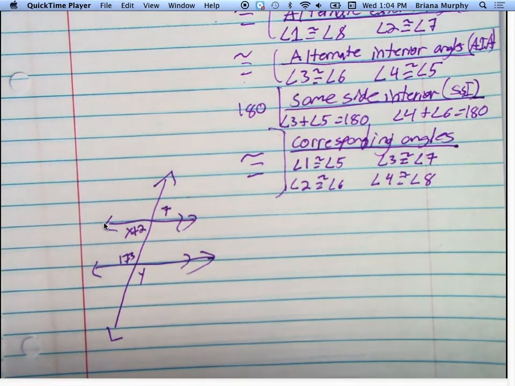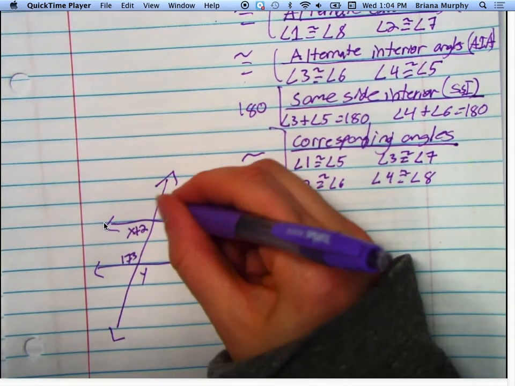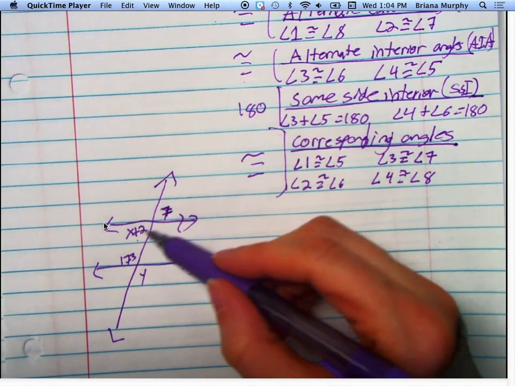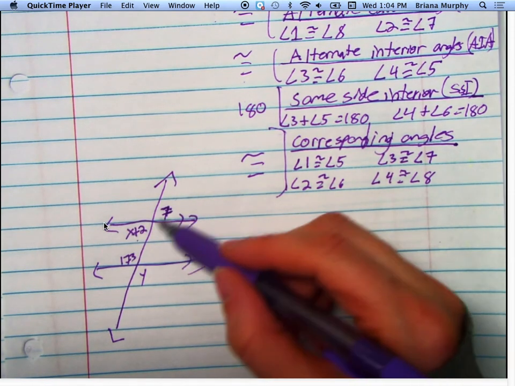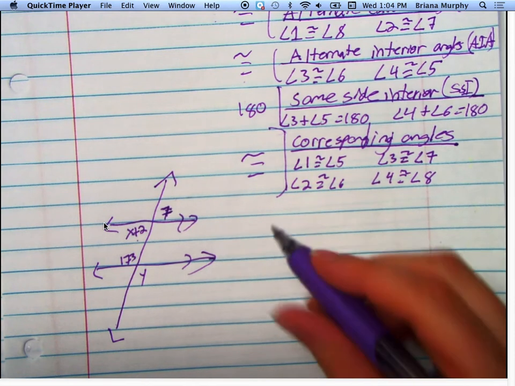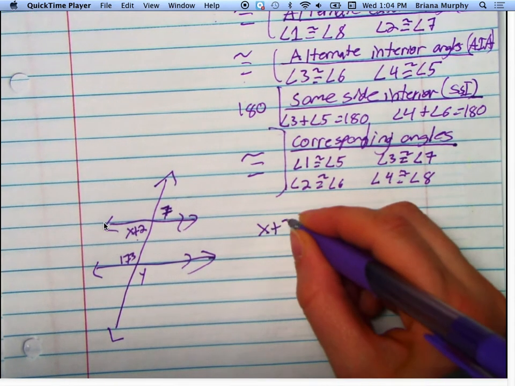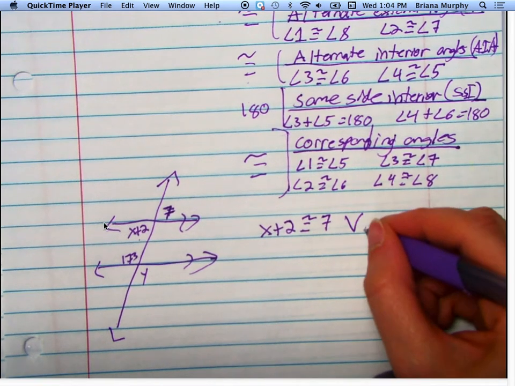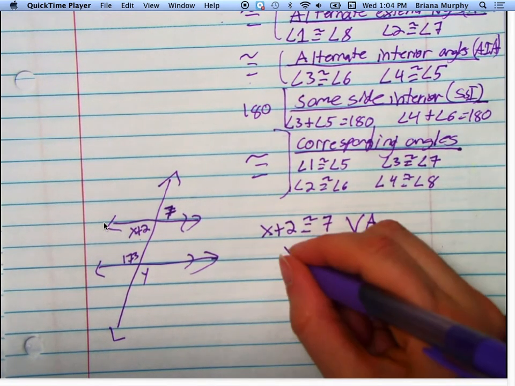And we want to figure out what x and y are. Do you see that x plus 2 and 7 form a vertical angle? So x plus 2 is congruent to 7 because it's a vertical angle. So x would have to equal 5.